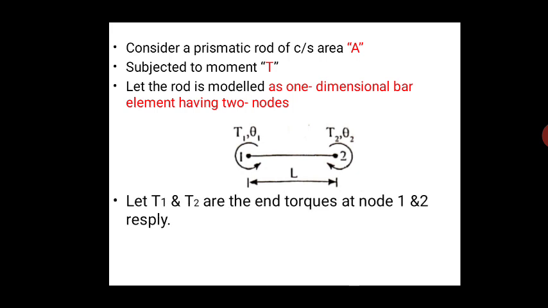Let T1 and T2 be the end torques at nodes 1 and 2 respectively. Due to this torque there is an end twist, theta 1 at node 1 and theta 2 at node 2.